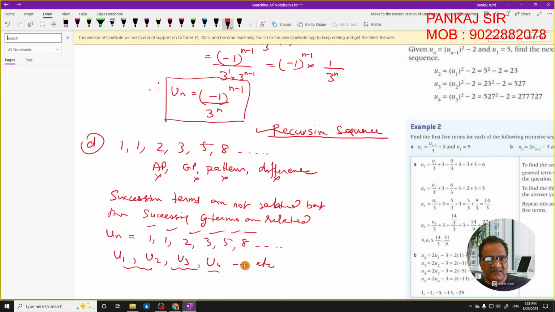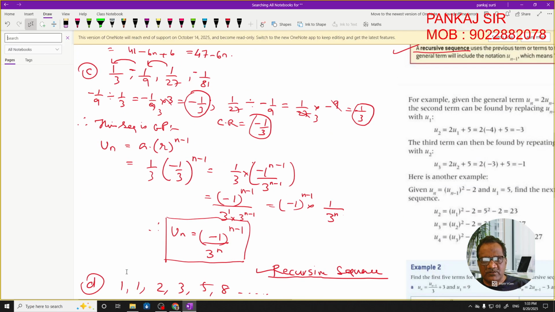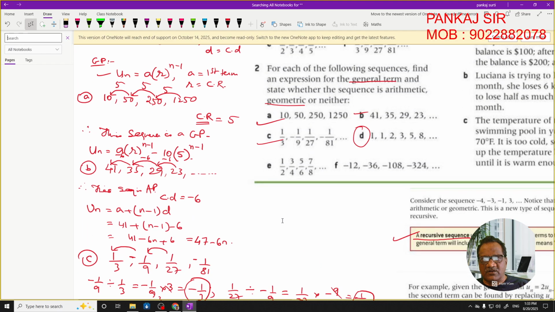So what I mean to say is there is some relationship between the general terms. Now let us see how it works. First let me go to the concept of this particular thing. Now I have to do one thing.